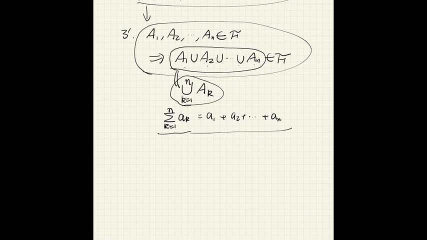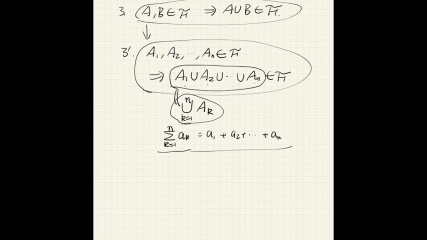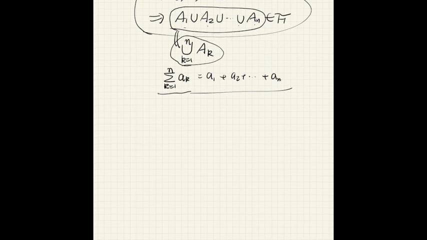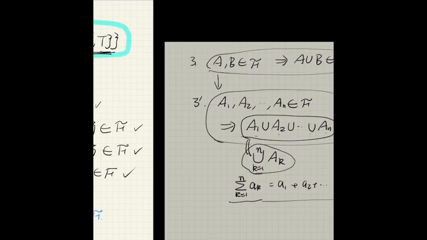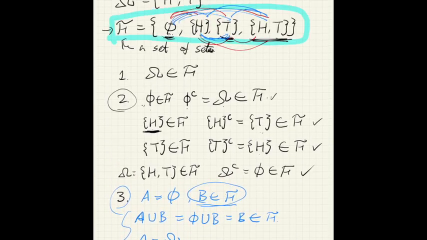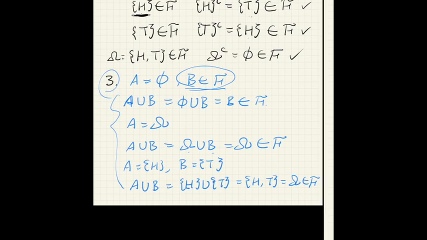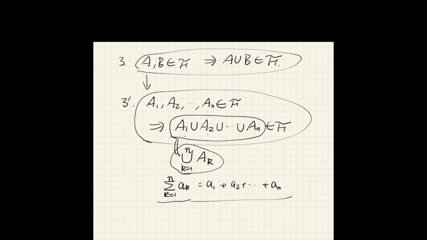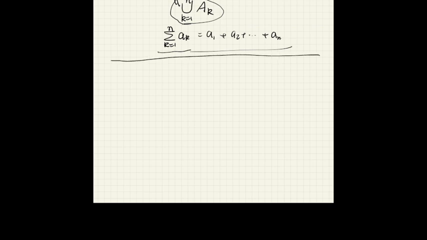So this algebra is okay when the sample space is finite or countable. But when it becomes uncountable, the axioms of algebra are not sufficient for defining probability values. So we extend it a little bit so that the third axiom is a little bit different.